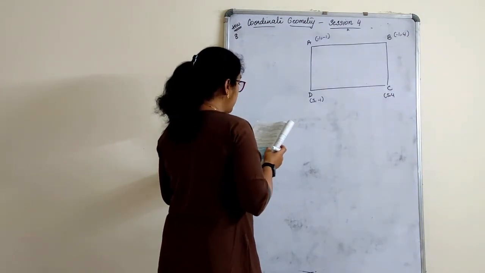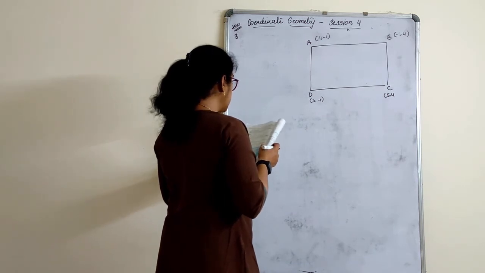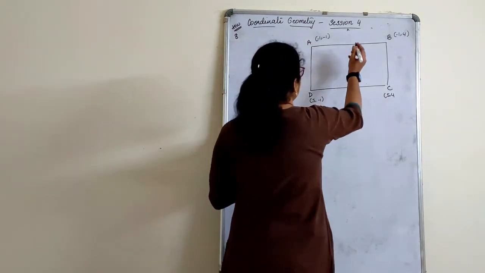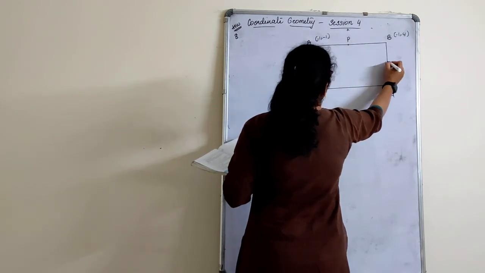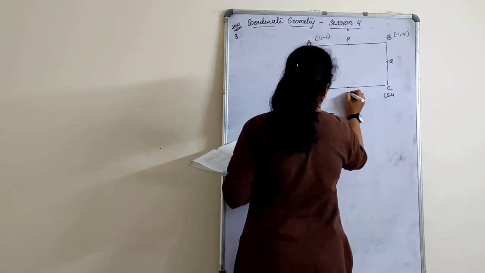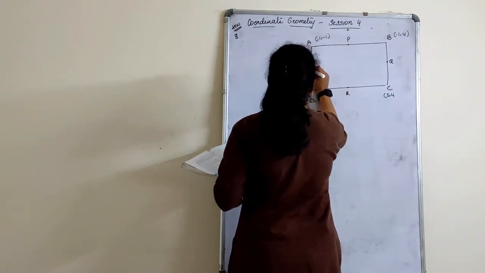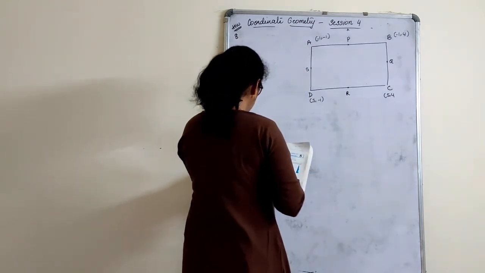P, Q, R, S are the midpoints of the sides AB, BC, CD, DA respectively. So these are the midpoints.